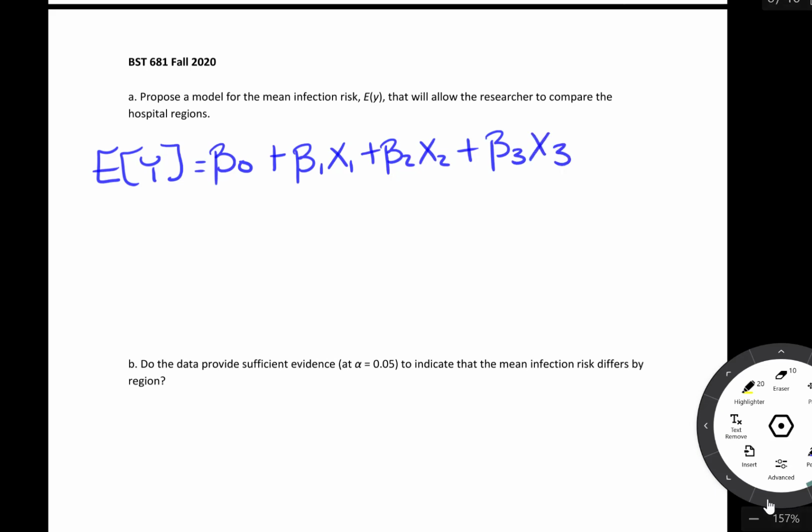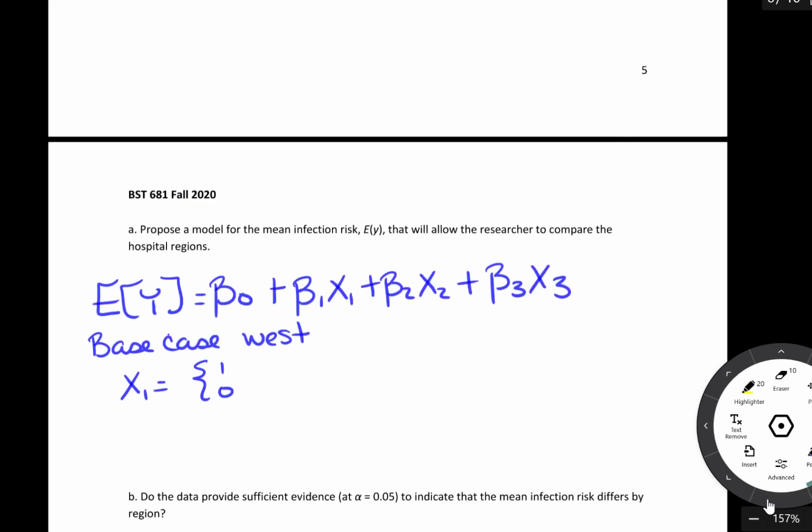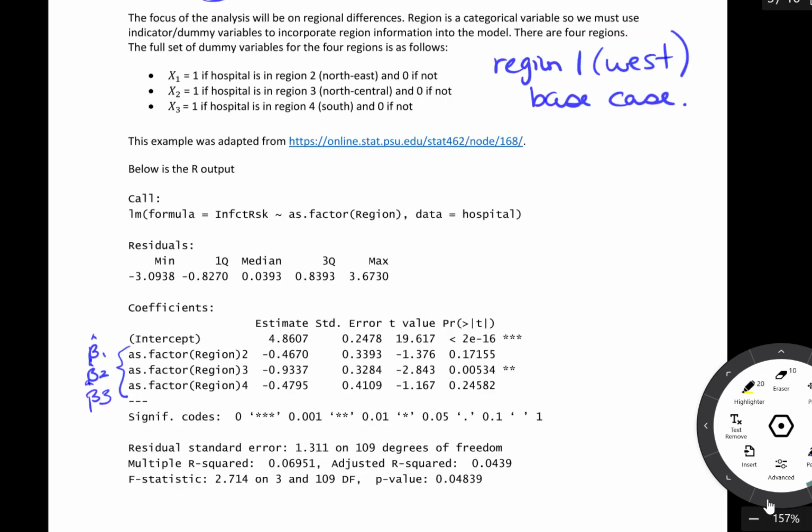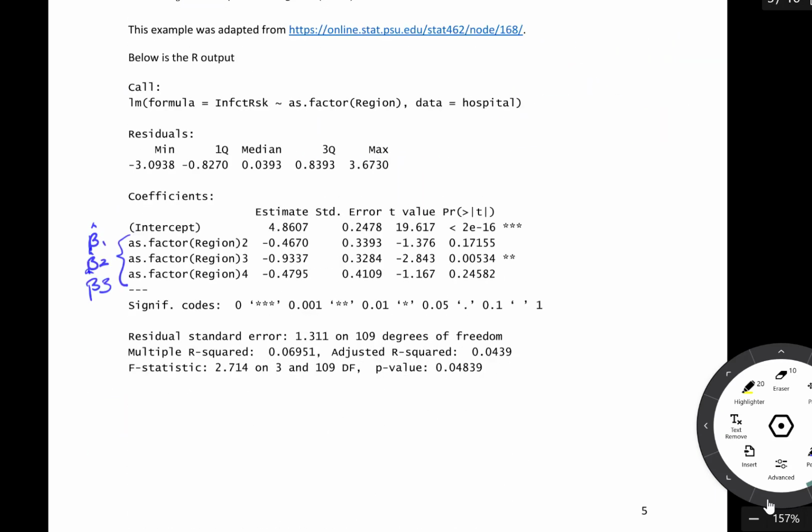And then whenever you propose the model, even though we have it up above, it's always a good idea to go ahead and redefine what those variables are so that we're very clear. So in this case, our base case is the west region. So for x1, we've got x1 is equal to 1 if, and let's go back up and double check our model. So remember that x1 was region 2, which is northeast.